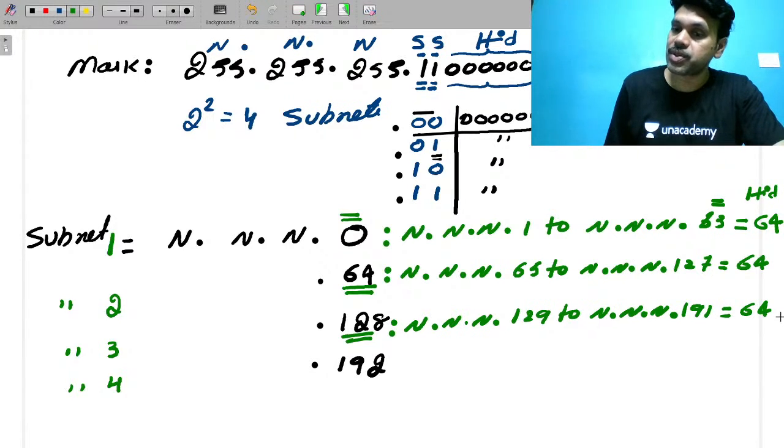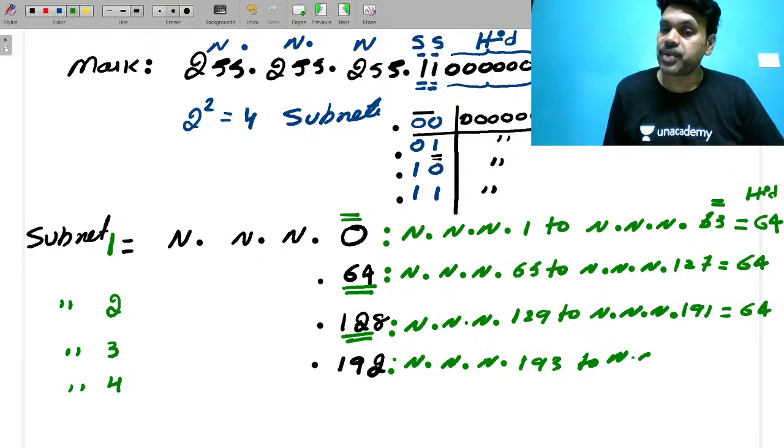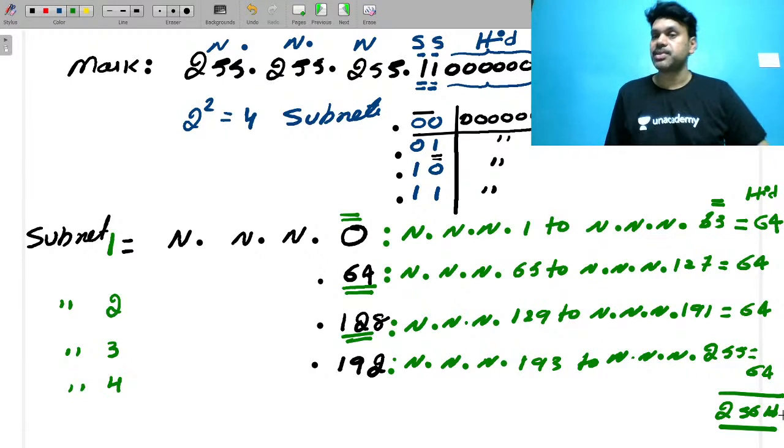So this is also 64. Next is N.N.N.192 to N.N.N.255, the last number is 255. This is also 64. Altogether we got 256 HIDs.